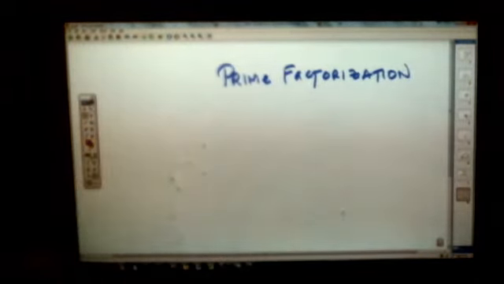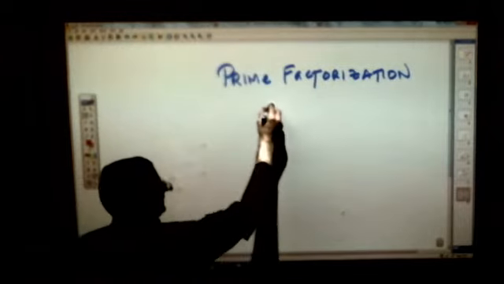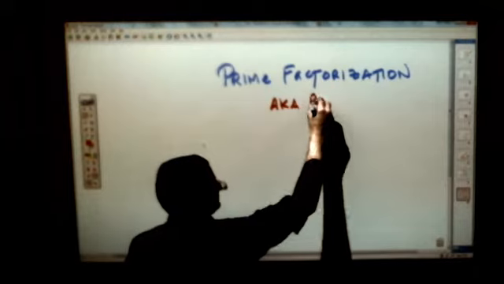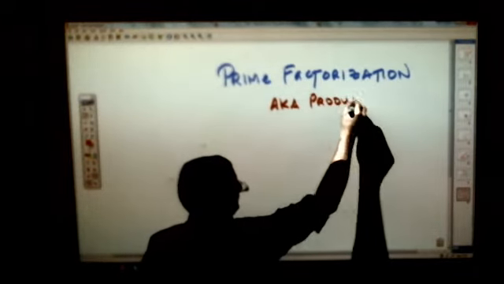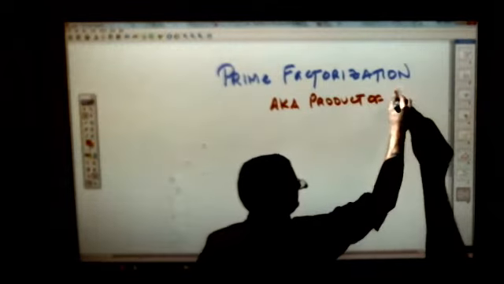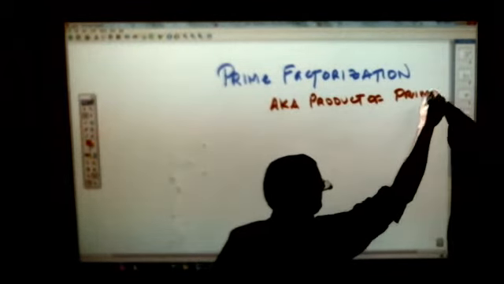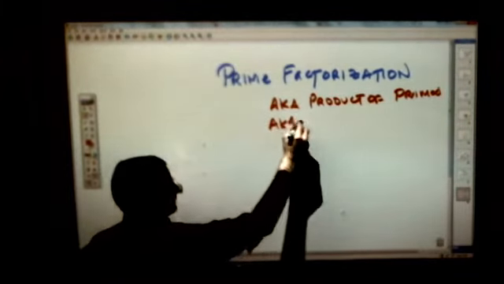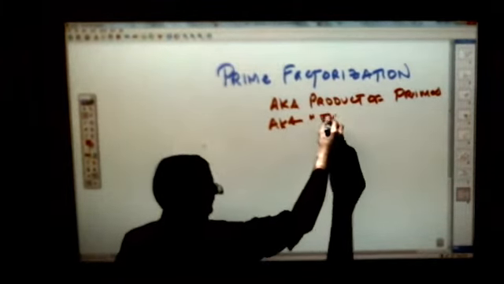This has a bunch of different names we use for it. It's also known as, AKA, product of primes. And sometimes we call it lovingly and affectionately the tree thing.